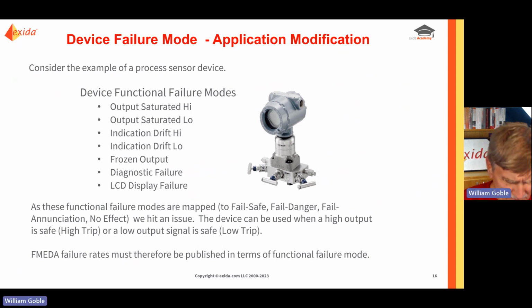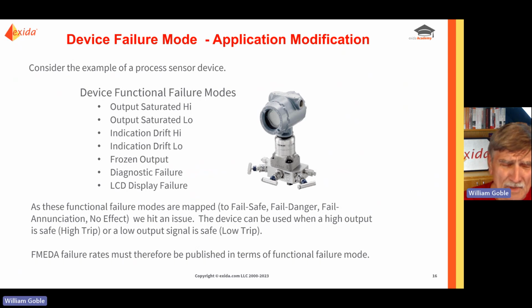There were some times when we were doing some FMEDAs, even early on, where we discovered the functional failure modes could not logically be mapped into safe versus dangerous. Imagine a sensor device with an analog output.